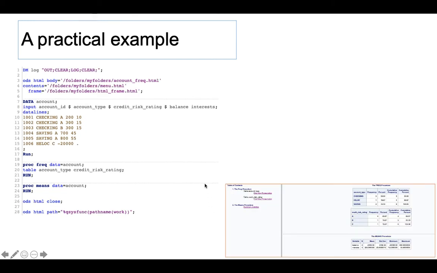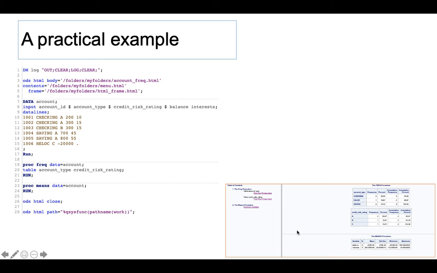The second part is a little bit more complex because you create an HTML page, which I will show you with a live demo. Here you do have a few options. In this case, you want to create something with a little menu, which is called the contents.